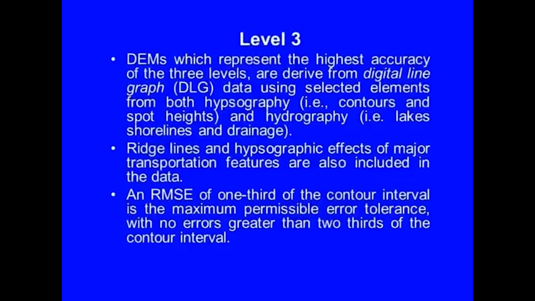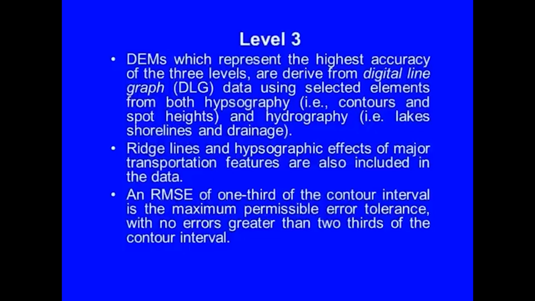The next level is level 3. The DEMs, which represent the highest accuracy of all the 3 levels, are derived from digital line graph or DLG data using selected elements from both hypsography, that is contours and spot heights, and hydrography, that is lakes, shorelines and drainages.